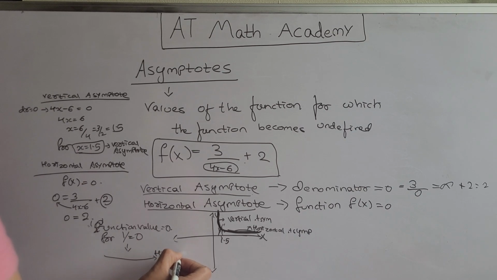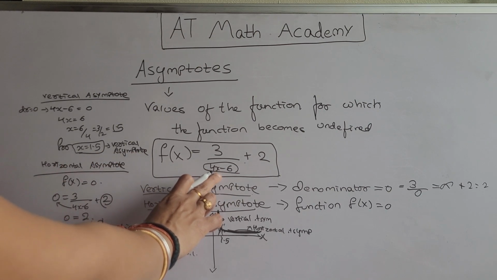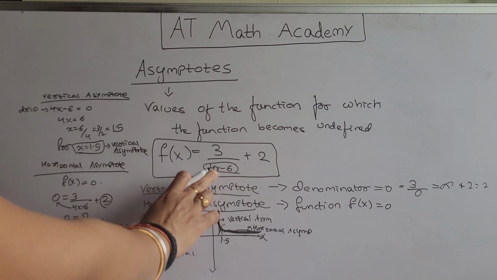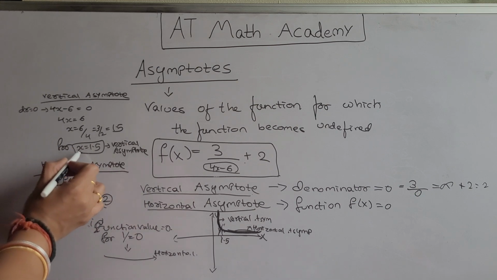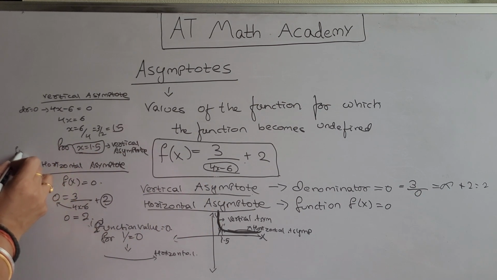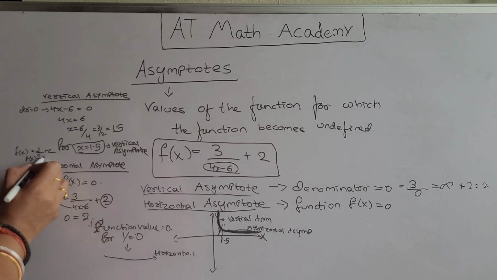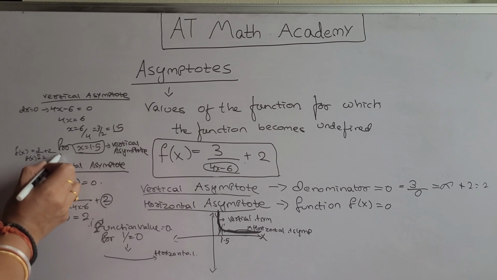The function becomes undefined. And for x equal to 1.5, when I place x equal to 1.5, the denominator becomes 0. And when the denominator becomes 0, the function value f of x is equal to 3 by 0 plus 2. The function value will be 2, which means y equal to 2.